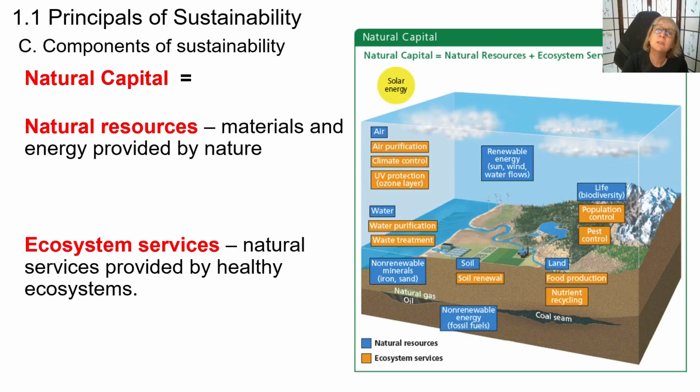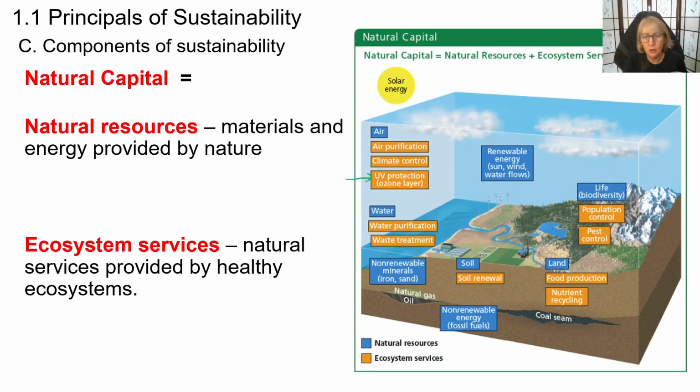The ecosystem services are things that you may or may not be aware of, but the fact that we live on a planet that is very complex means some of that complexity is taking care of our everyday actual needs. Things like, and this diagram, I hope it's big enough for you to see, the ecosystem services are in orange here.